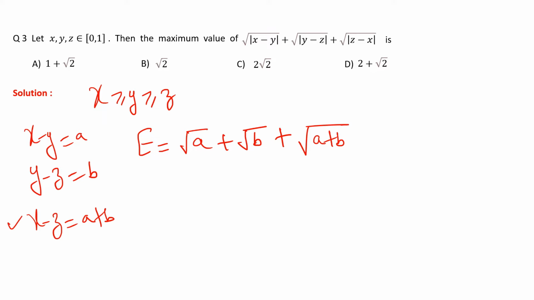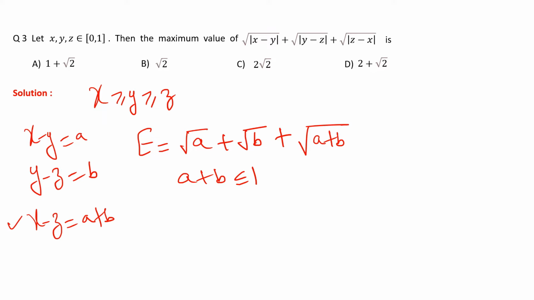Fine. Now at this stage, we need to think carefully, and the step which we are going to take further will lead to our answer. And here I am writing a plus b less than or equal to 1. Why I'm saying this?